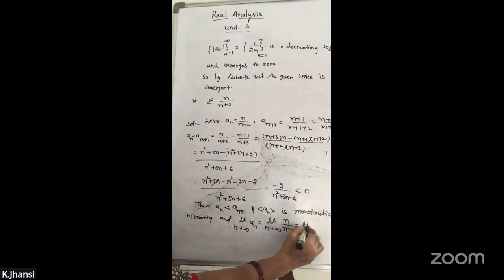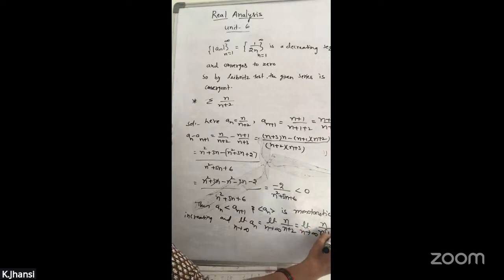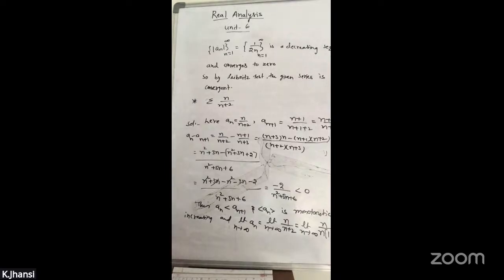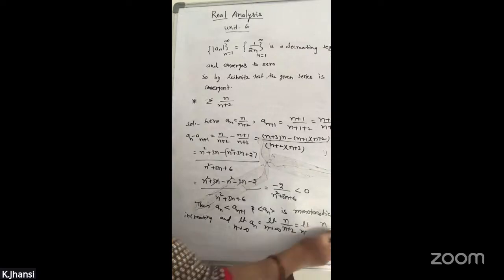So it is equal to limit n tends to infinity n by, in the denominator if you take n common, 1 plus 2 by n. Okay, so you are able to see or not.